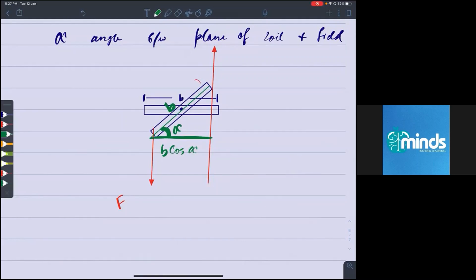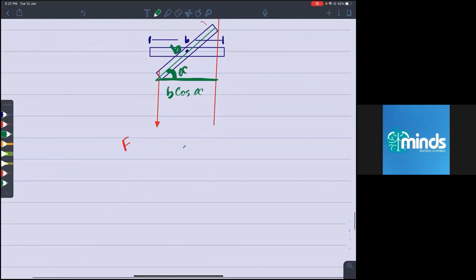So it will become B cos alpha. Now, if I say calculate the moment, you will say moment is equal to force into moment arm. This time the moment arm wouldn't be B. The moment arm will be B cos alpha. Force will remain IBA.